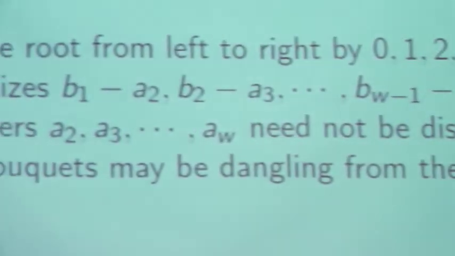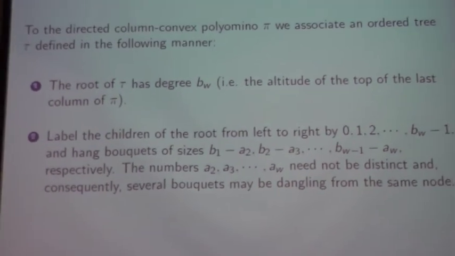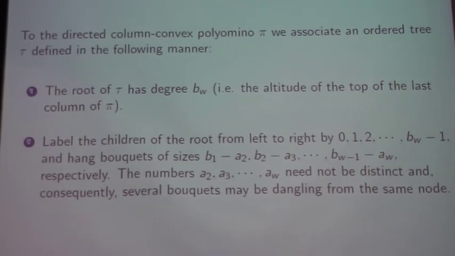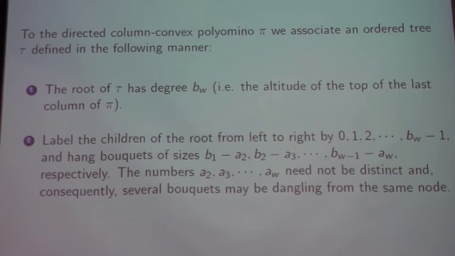Now, to the directed column convex polyomino pi, we associate an ordered tree tau defined in the following way. The root of tau has degree B_w. That is the top of the last column here.